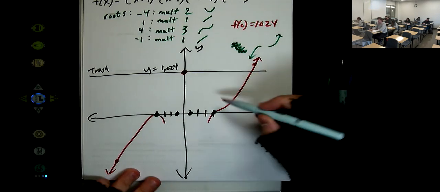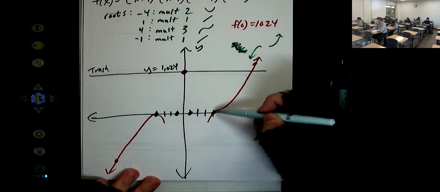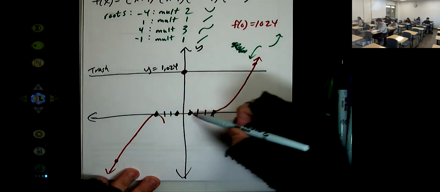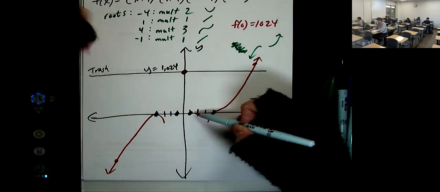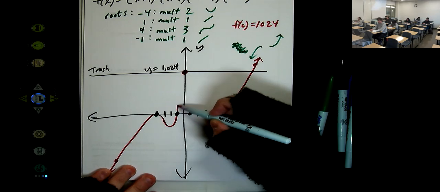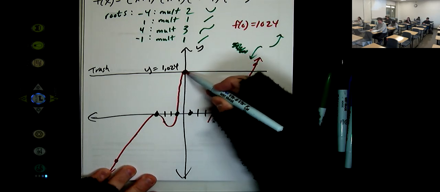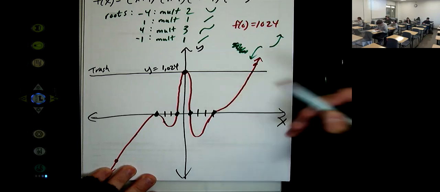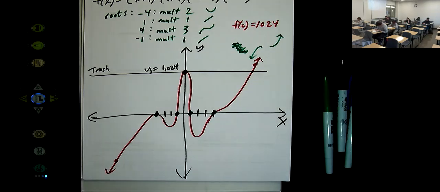All right, I can see kind of what has to happen. This has got to go up and cross and come up here. The question is, how does it cross? It crosses as a straight line. It doesn't wiggle across. I don't know what the left or right is, so I'm just doing it that way.